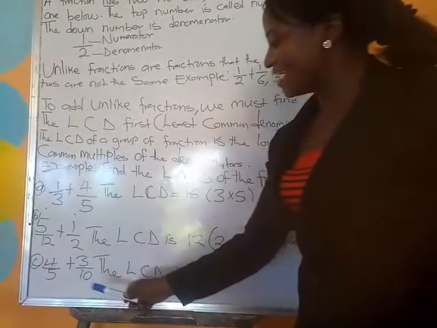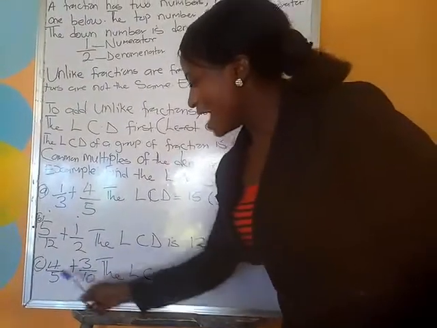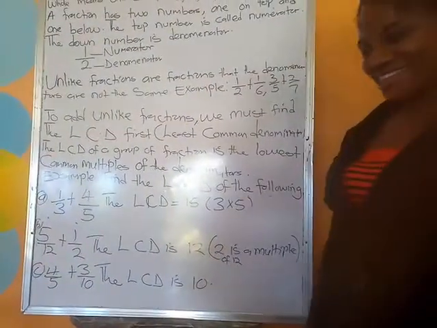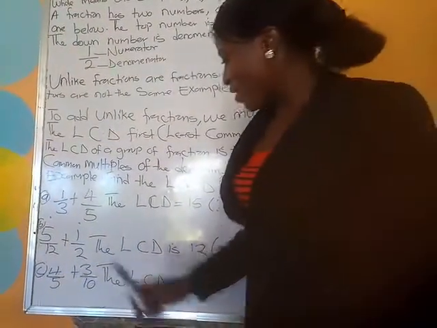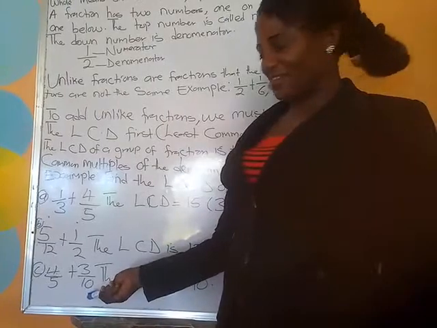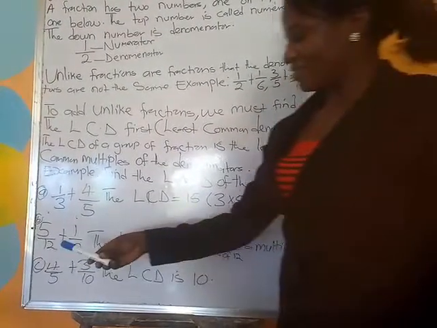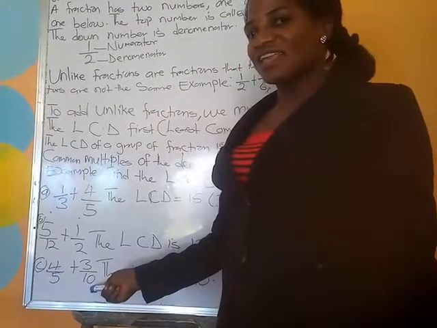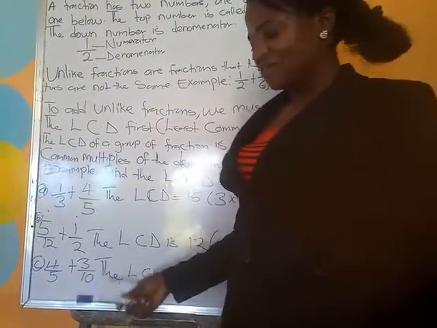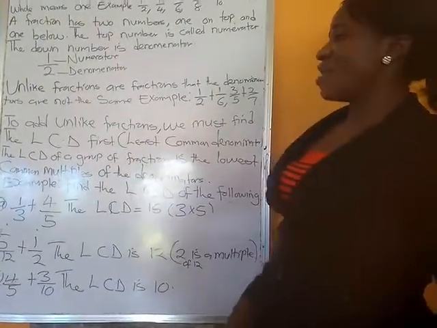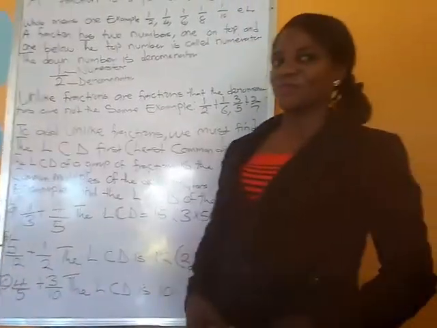So don't bother to multiply the two denominators. Just pick one of them, which is 10, the biggest. So 10 is our LCD, and 5 can go into 10 exactly, and 10 can divide itself. So this is how to get the LCD.